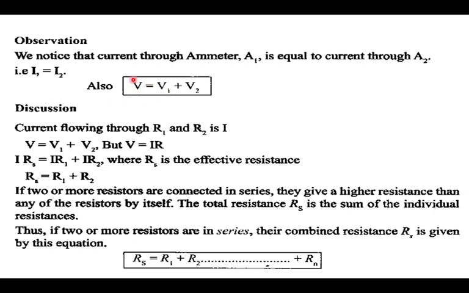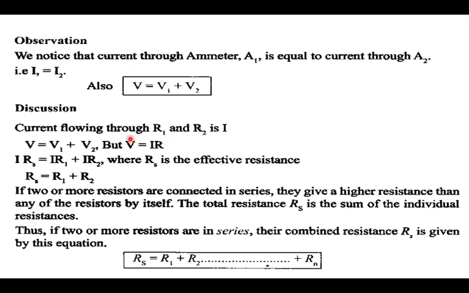Please, you can rewind and have a look at the circuit again. So if we look at the current flowing through R1 and R2, we said it is the same current I, and the total voltage V is equal to V1 plus V2.